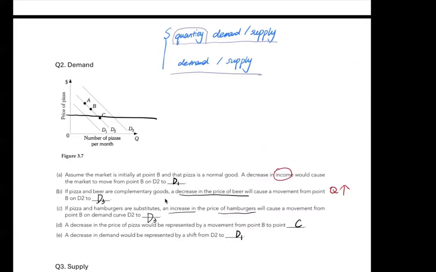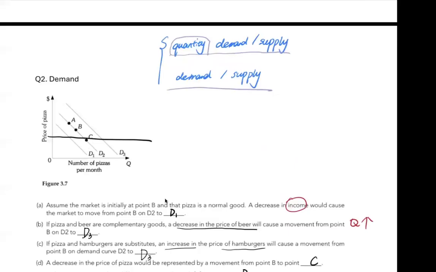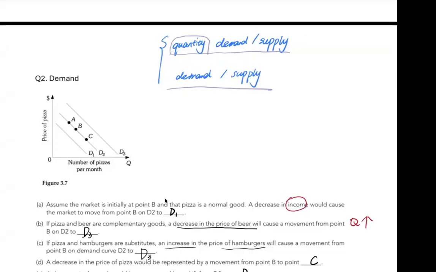Quantity demanded means that, for example, this is the demand curve, D1, D2, and D3, right? Quantity demanded means that you are moving along one demand curve, for example, from A to B, B to C, A to C. You are moving along this curve, right? You are not shifting to another curve.